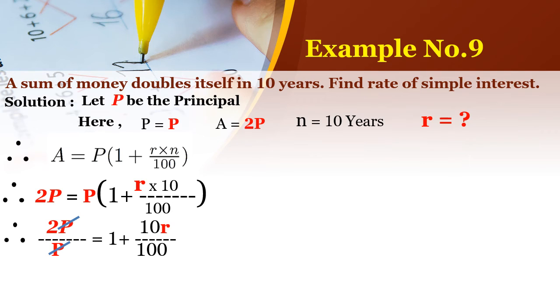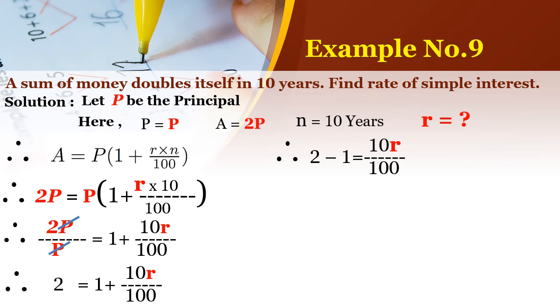Therefore 2P upon P is equal to 1 plus 10R upon 100. So P we cancel. Remaining, the next step, therefore 2 is equal to 1 plus 10R upon 100. Now next step, 2 minus 1 is equal to 10R upon 100.